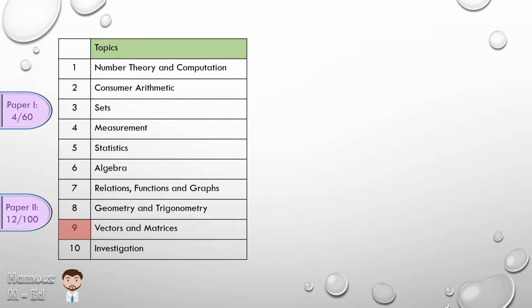And this topic of vectors and matrices is compulsory, so that means it's worth at least 16 marks for us. This video deals specifically with vectors from 2019 onwards, and let's remember that in 2020 there was no paper 2 due to the pandemic.